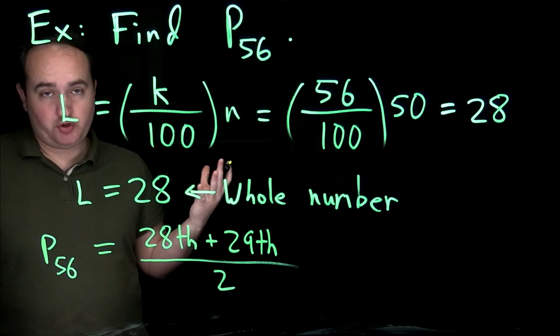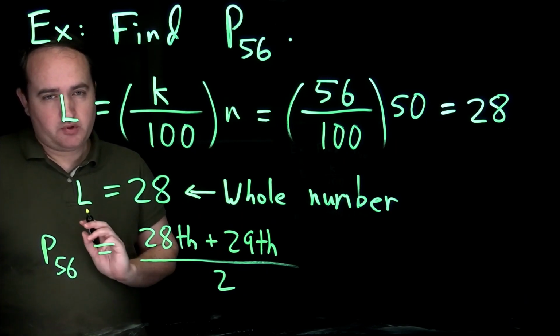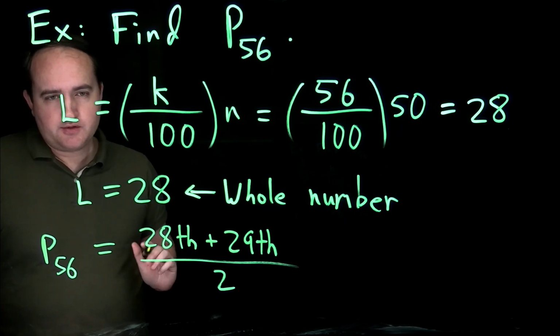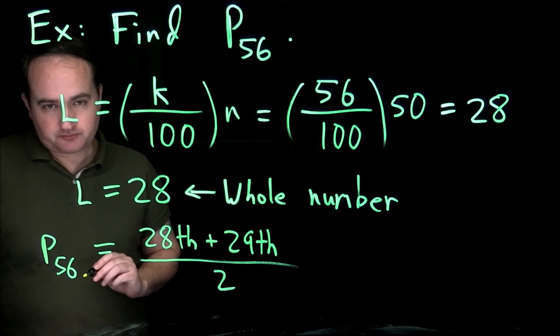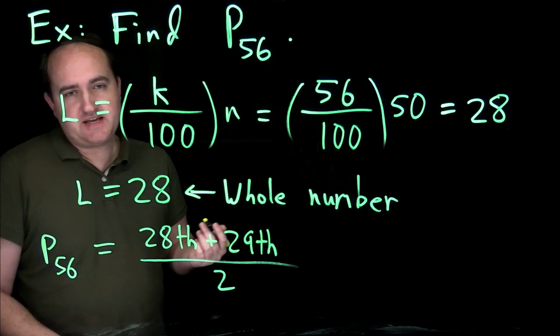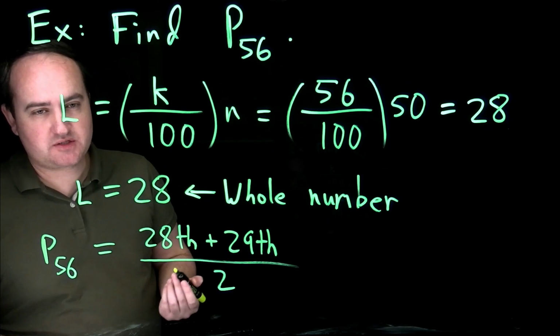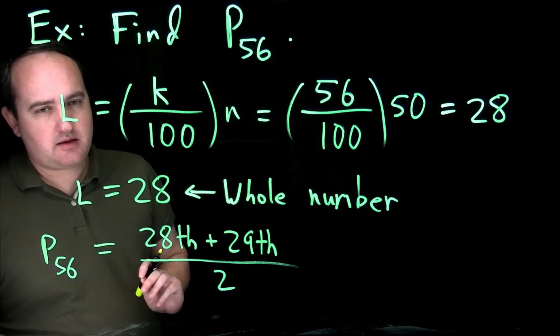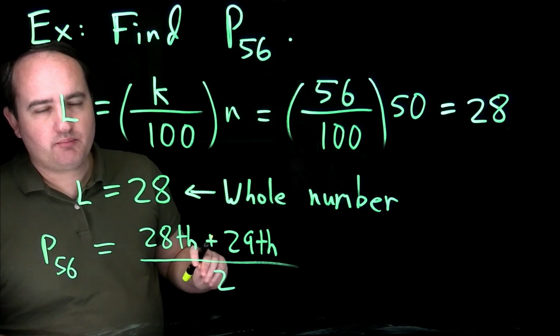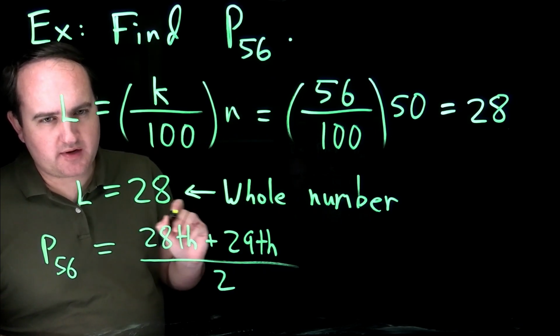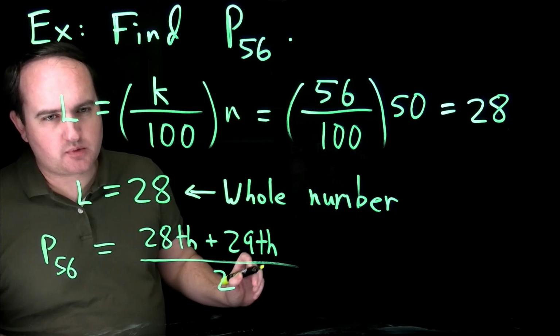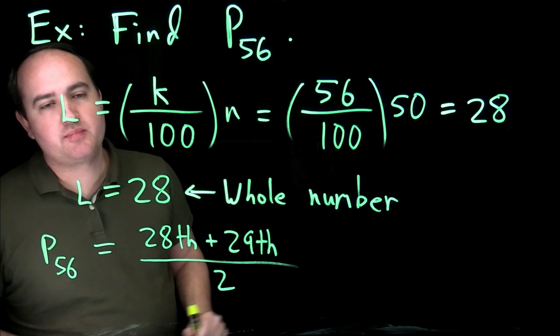Okay, because that's what the flowchart told us. So when L is a whole number, the way you calculate the data value corresponding to the 56th percentile is you add the 28th plus the 29th. So that's 28, and then 28 plus 1 is 29, and then you divide them by 2.